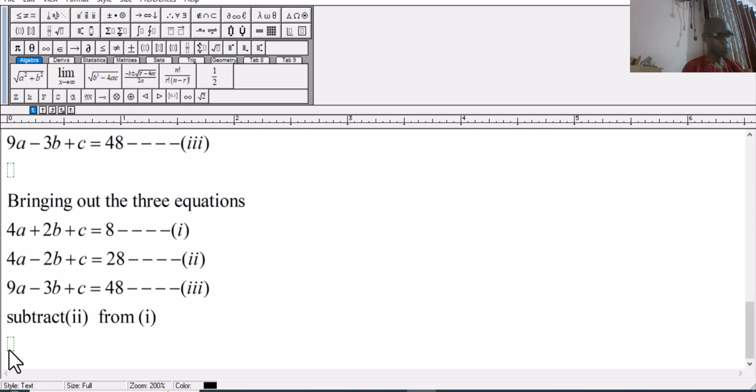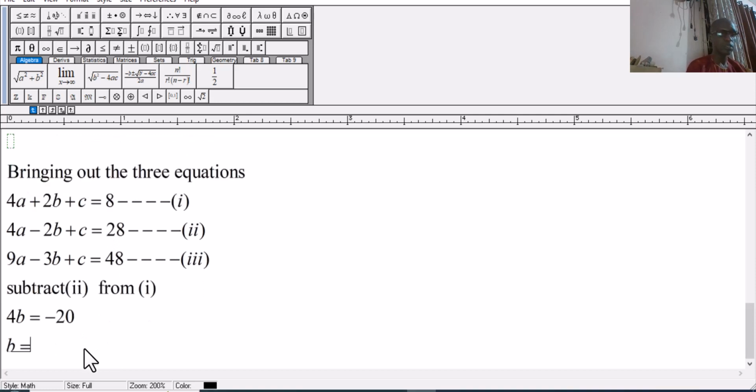So we have 4b equals minus 20. That means we subtract 4a minus 4a, that goes away. This one will turn to plus, that's why we have 4b. C will go to 0. So we have 8 minus 28, that will be minus 20. So our b is equal to minus 5. So we've gotten our b.